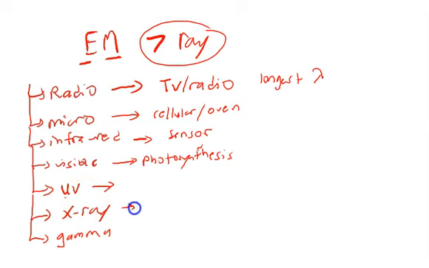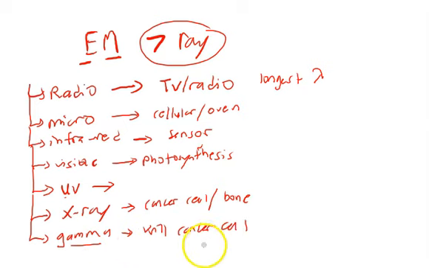And then the X-ray is to treat cancer cells, or they can also detect bones and detect hidden objects in a building. Okay, the gamma ray, normally they'll be using gamma ray to kill cancer cells. This we call radiotherapy.